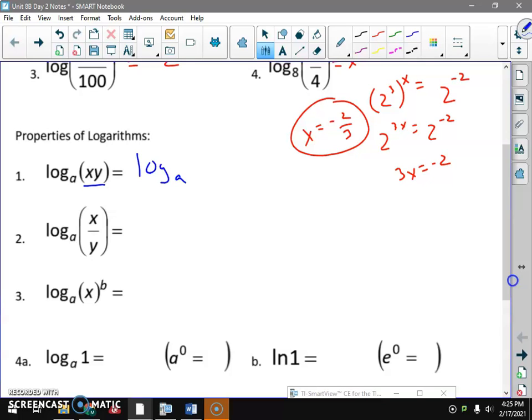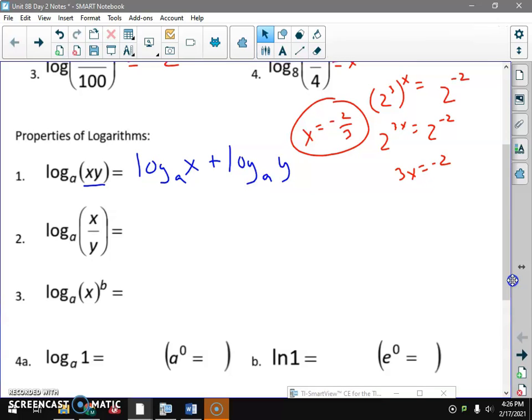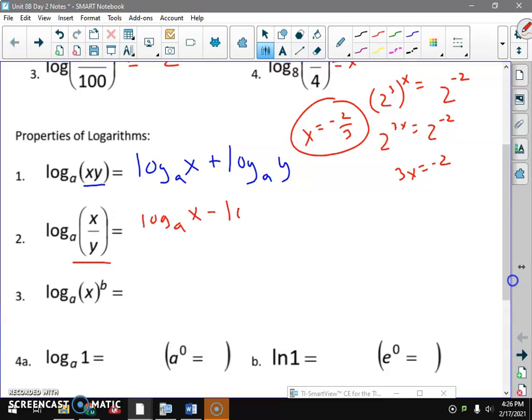My first thought is to multiply them together, but it's actually to add them together. Log base A of xy equals log base A of x plus log base A of y. If multiplying is addition, I'll bet division is, you guessed it, subtraction. Log base A of x minus log base A of y.